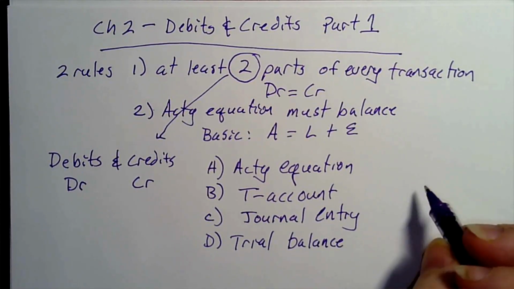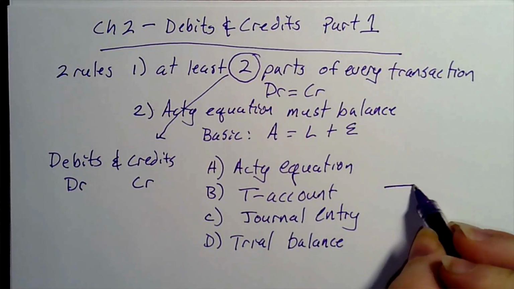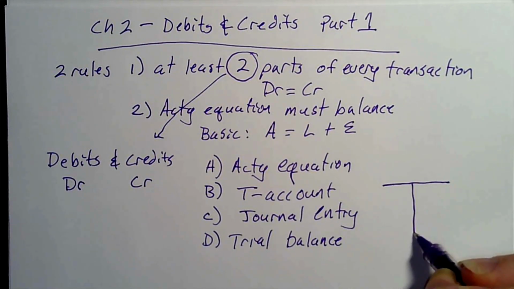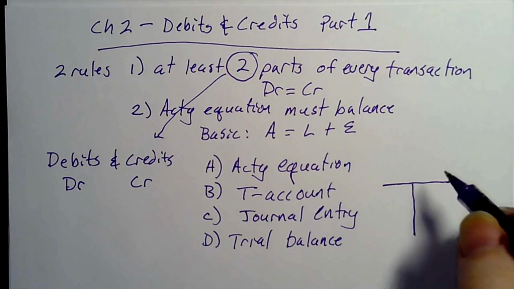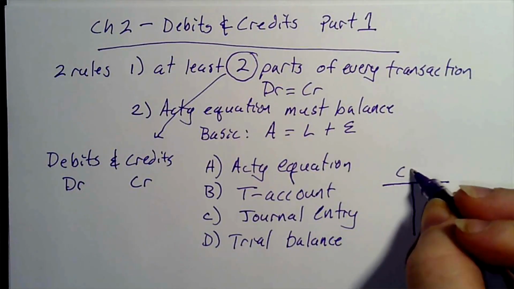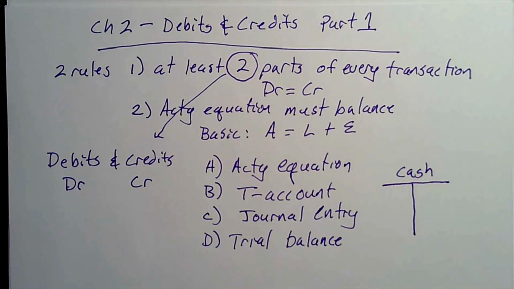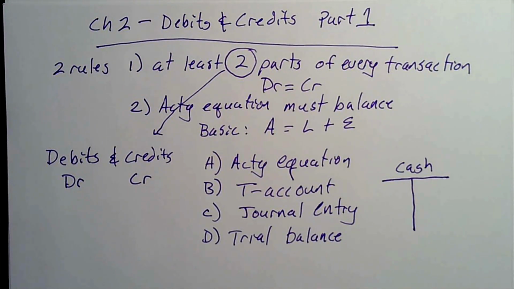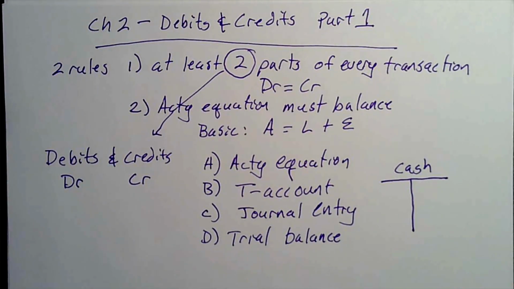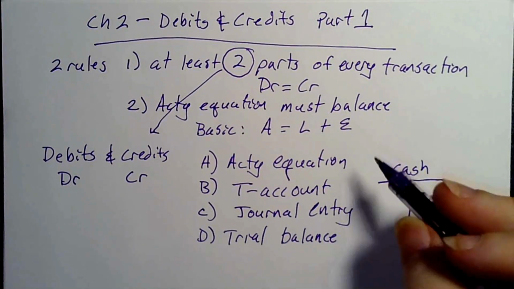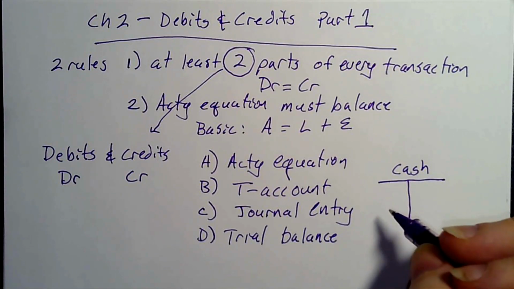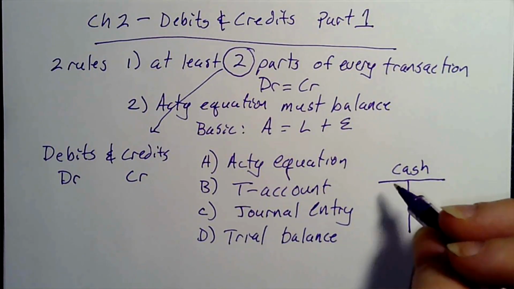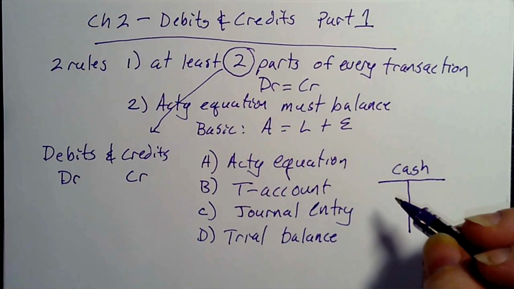So let's first look at a T account. It's nothing mysterious. Why do we call it a T account? Because it looks like a giant T. And depending upon the type of account that we're looking at, the type of account will be written at the top. Now, what does debit and credit mean with respect to the T account? And this is important: don't get ahead of yourself and think of debits and credits as pluses or minuses yet.